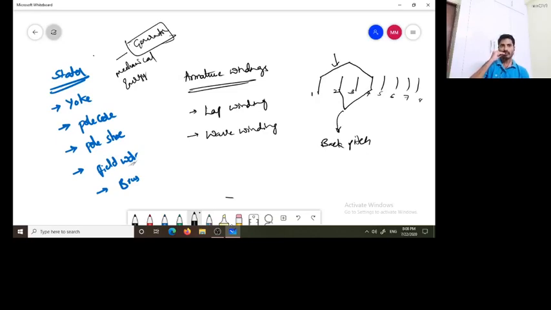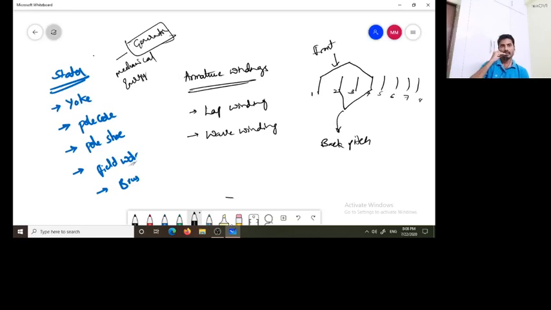This is a fundamental. I am explaining the main difference between lap winding and wave winding, just the introduction part, for the sake of remembering. The addition of this winding in the front is called the front pitch end connection. These are nothing but end connections.